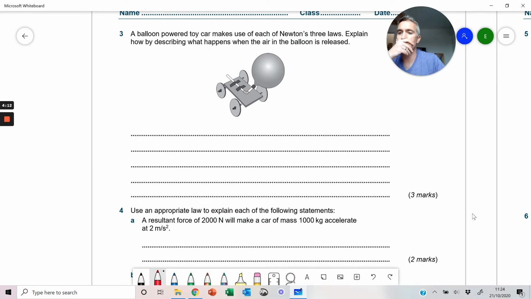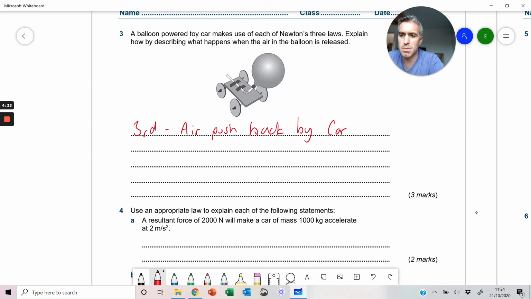A balloon-powered car makes use of each of Newton's three laws. Describe what happens when the air in the balloon is released. Okay, so first of all, we start with the third law, because the air is pushed backwards by the car, the whole thing.